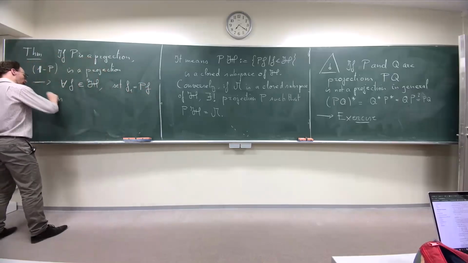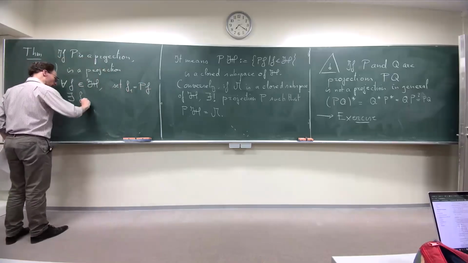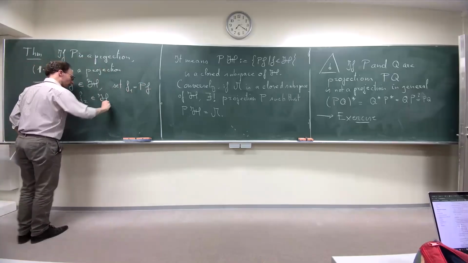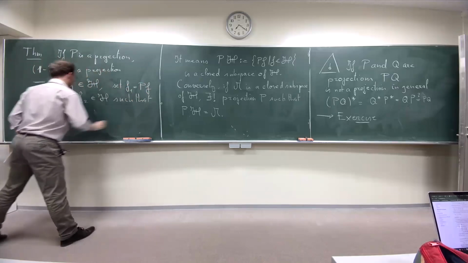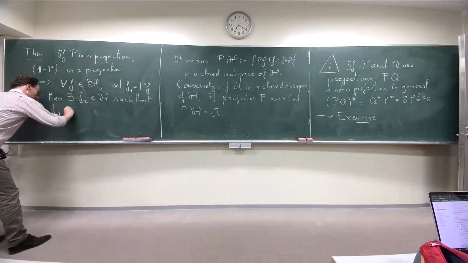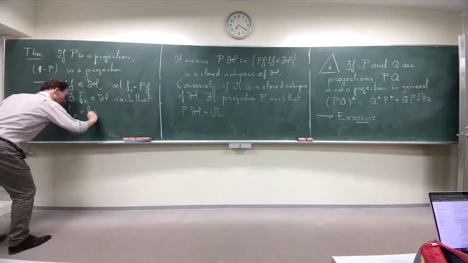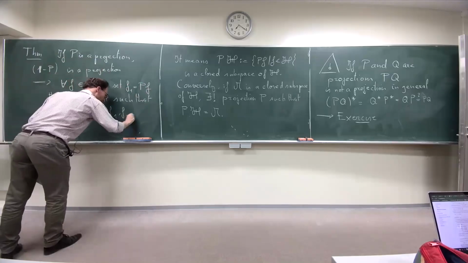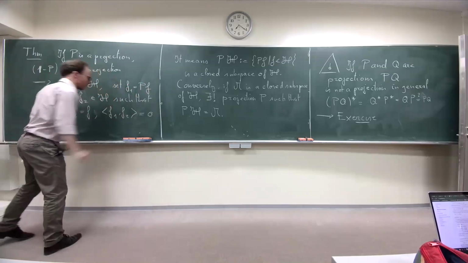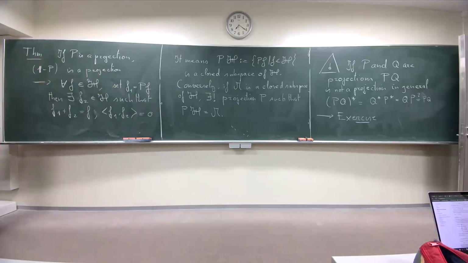Then there exists an F2 in H such that F is F1 plus F2, and the scalar product of F1 with F2 is 0. Somebody has used this in a report before, but it was not completely fair to use it too early.